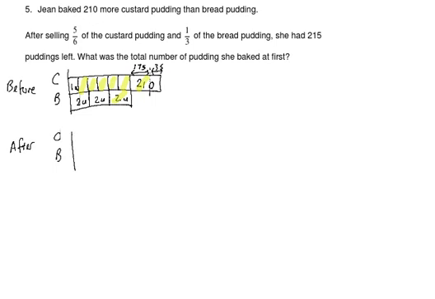I have 1 unit and I have 35. What about my bread pudding? What should I draw here? Dylan Eldon. Draw 4 units.